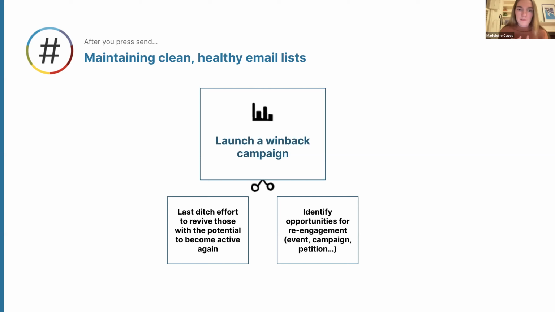Once you've crafted your audience, identify opportunities that you know will pique their interest. This could be a survey or a petition in relation to an upcoming campaign or event, or it can be as simple as announcing that you're partnering with a new organization, while ensuring that all of these have very clear calls to action so that they can actually engage with what you are sending them.